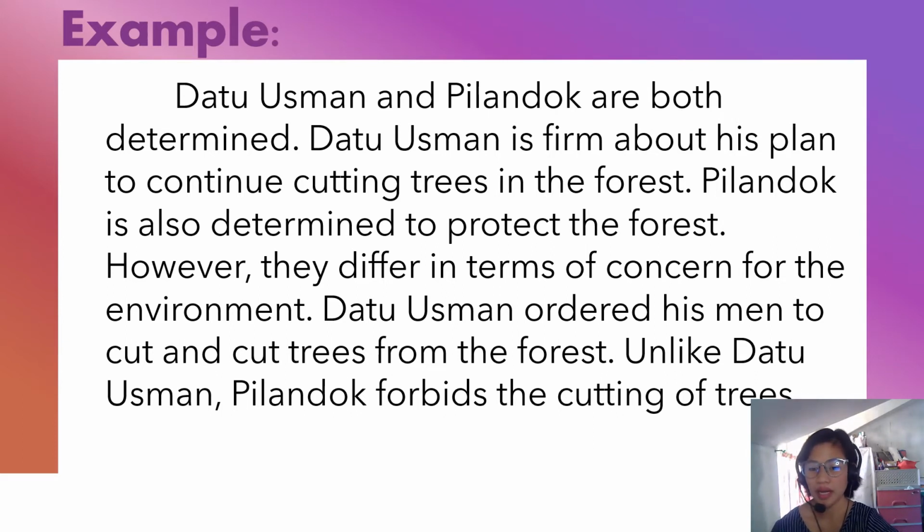Datu Usman wanted to cut the trees, while Pilandok forbids cutting trees. This is an example of compare and contrast text, where I stated the similarities of the two and the differences of both of them.